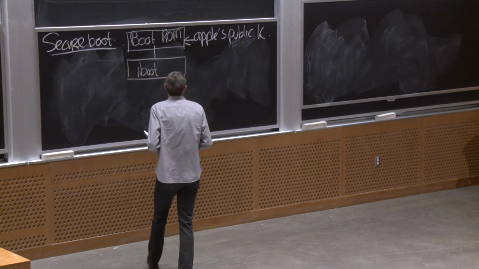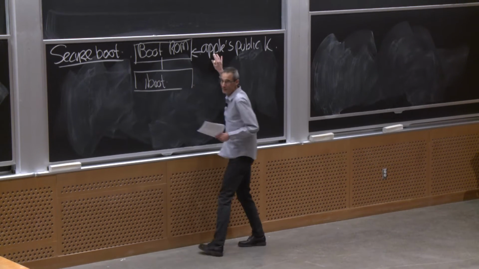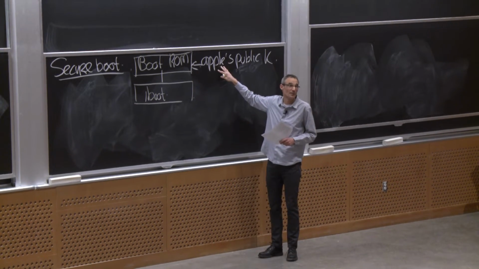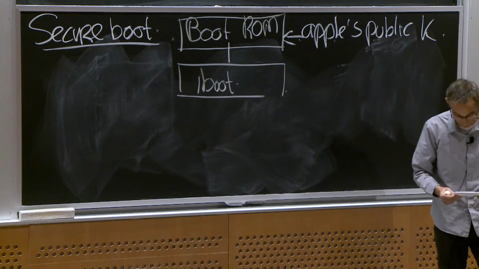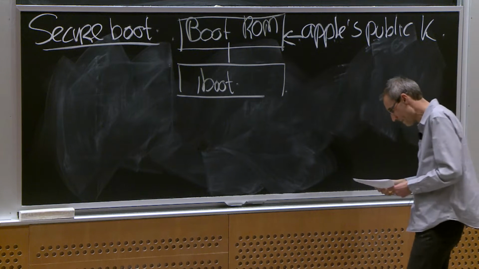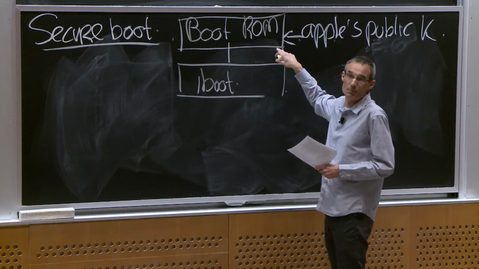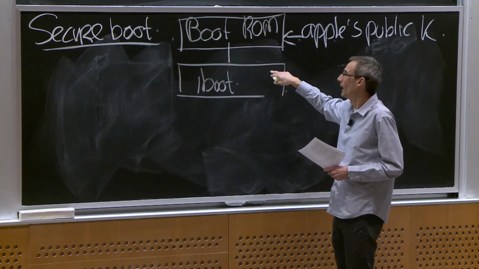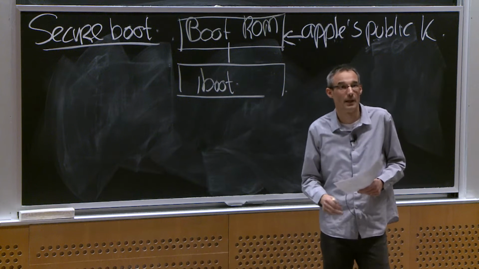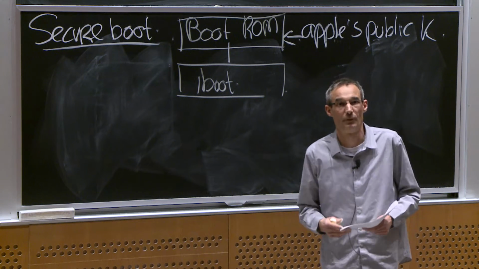Okay, good question. So let's assume for now that the private key is not compromised, and only Apple has the corresponding private key for this particular public key. And so what actually happens, this boot code will find the iBoot code, and the iBoot code is actually signed with Apple's private key at some point.